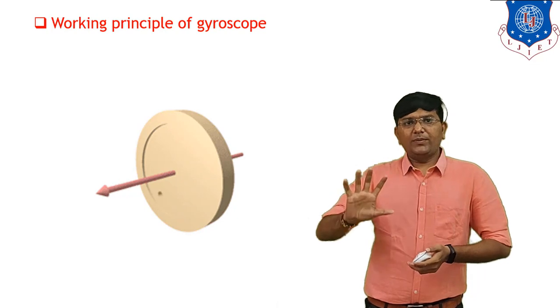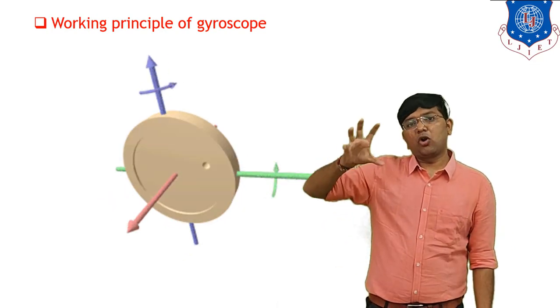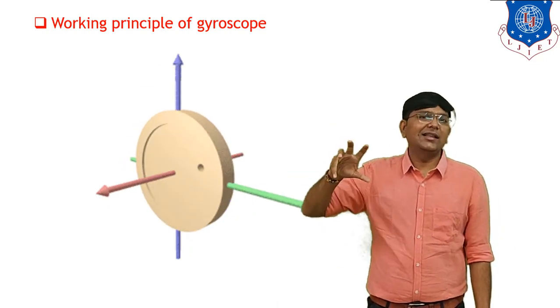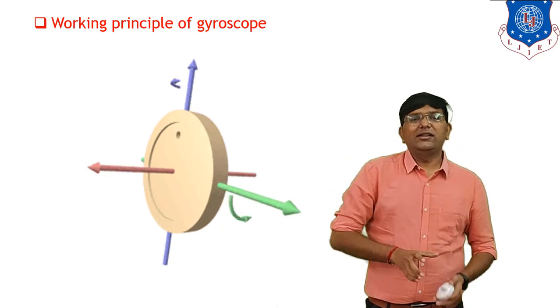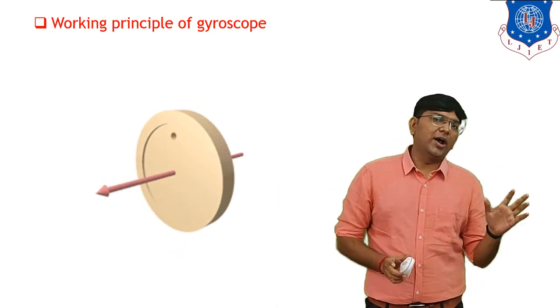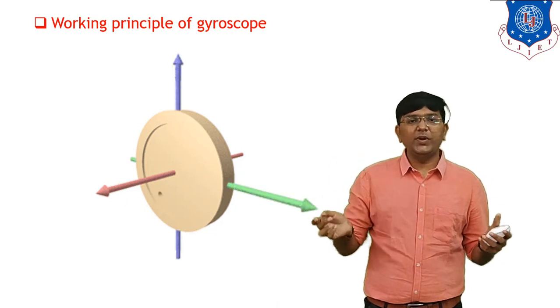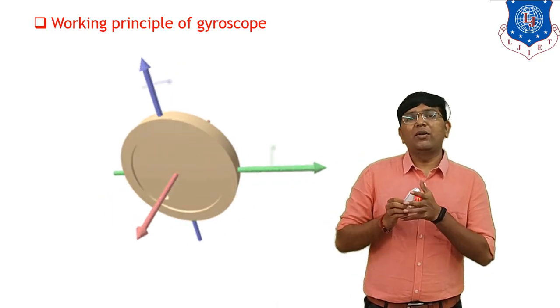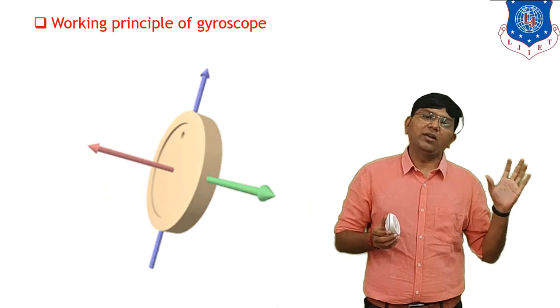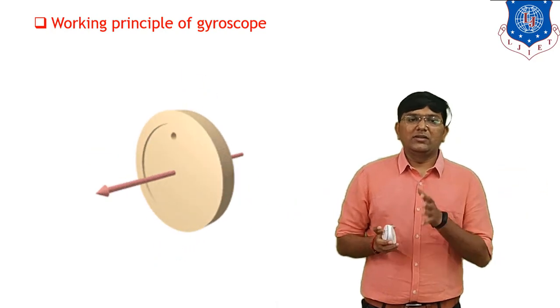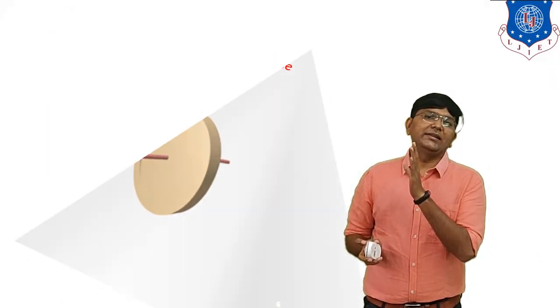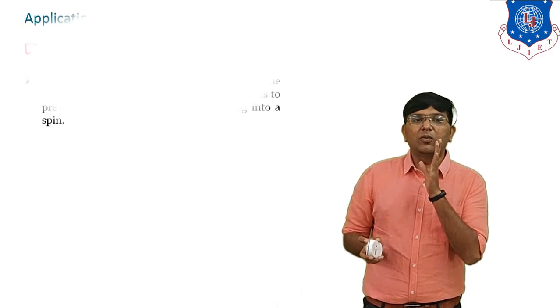Any body having one rotor or one rotating disc, we can consider as a gyroscopic device. If you change the orientation of the axis of spin, at that time you can visualize the gyroscopic effect. So this is the simple working principle of the gyroscope.